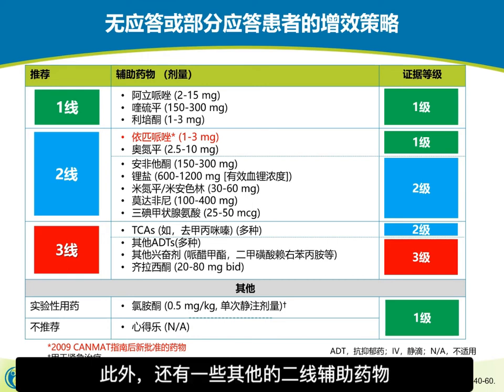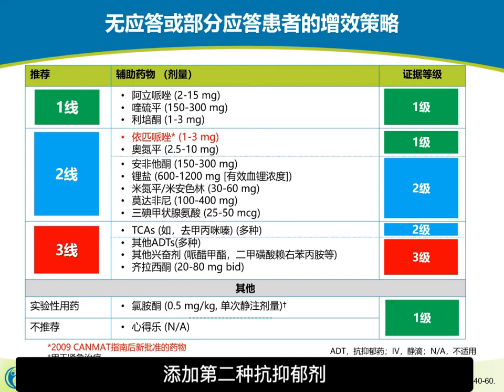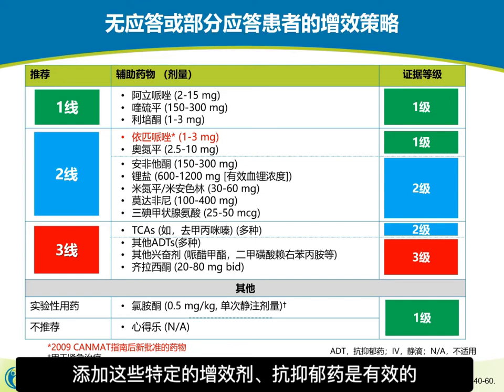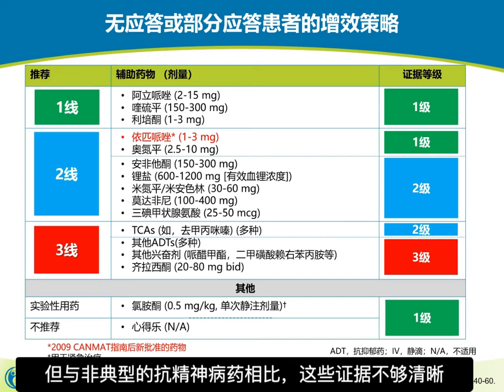And then there are a number of other second line medications in which you add on a second antidepressant, like bupropion or mirtazapine. And again, good evidence to support that adding on those specific antidepressants will help the response when you add it to an antidepressant. It's just that the evidence isn't as clear as with the atypical antipsychotics.